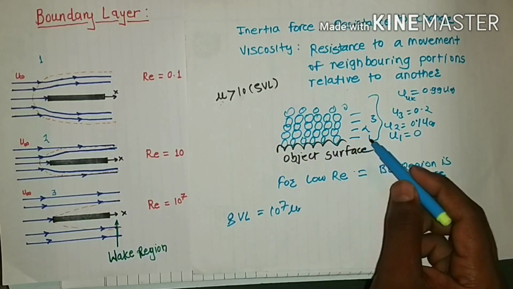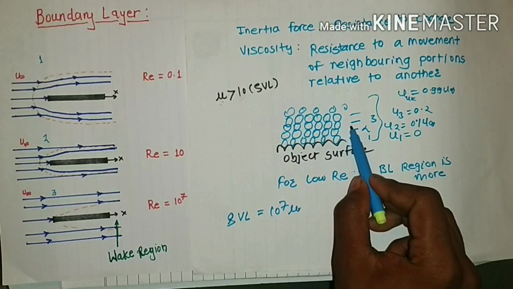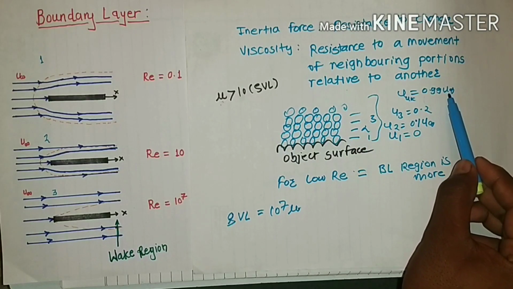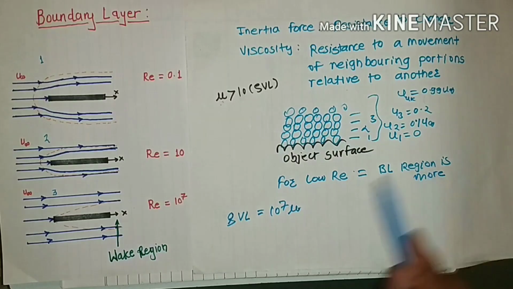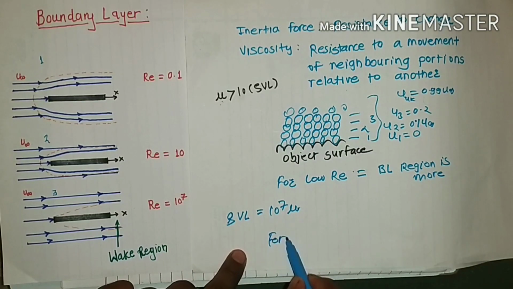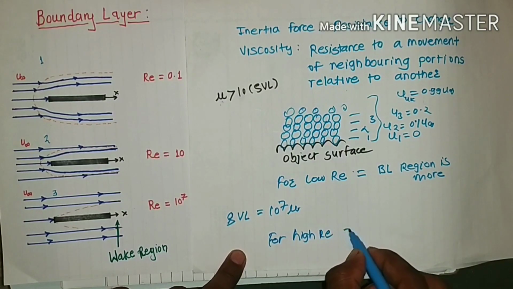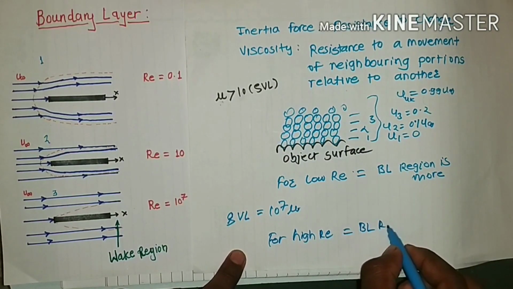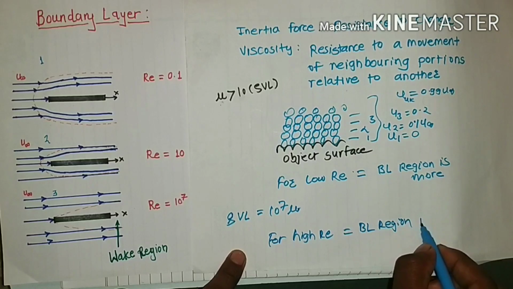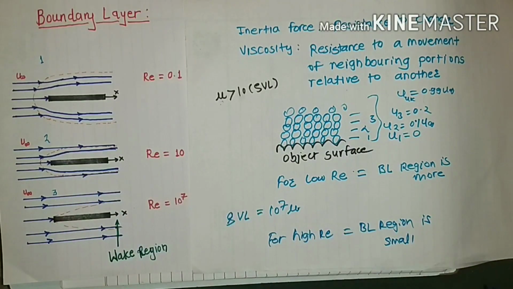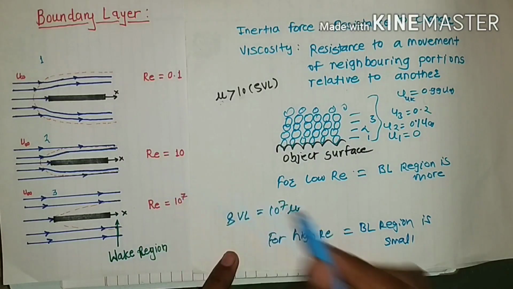So it will take a very small region of the fluid to attain 0.99 of u infinity. So for high Reynolds number, the boundary layer region is small. For figure number 2, this is a moderate Reynolds number.